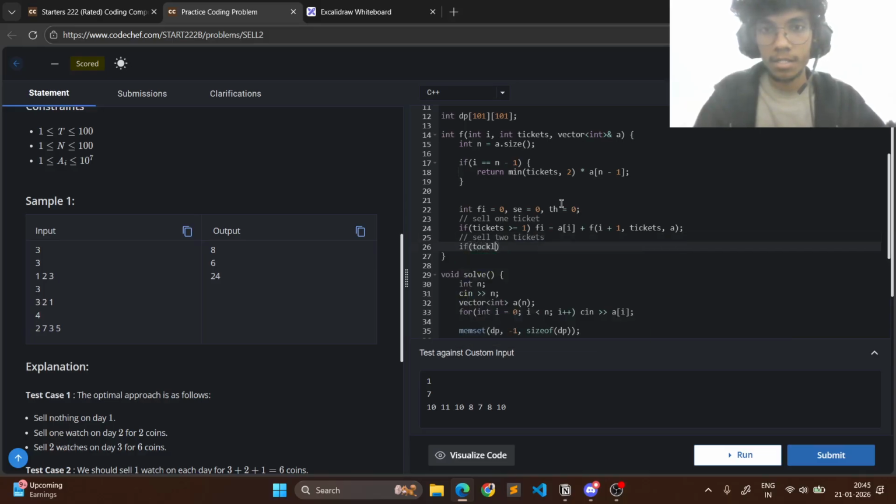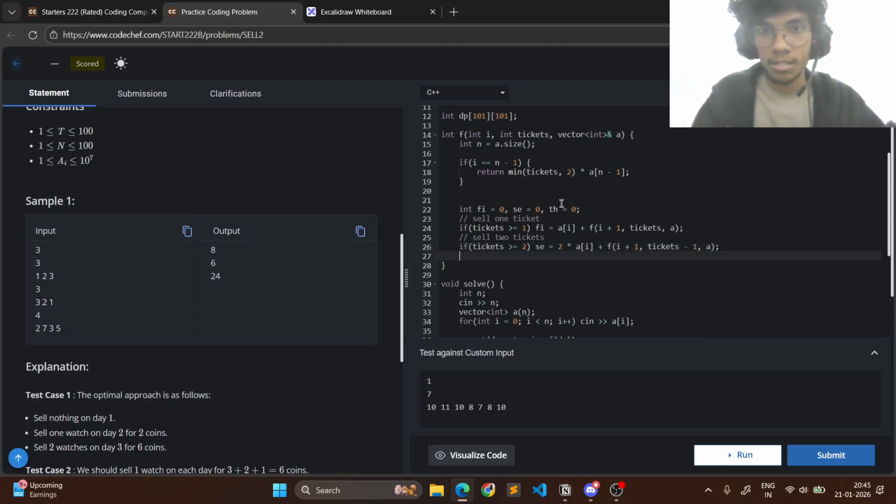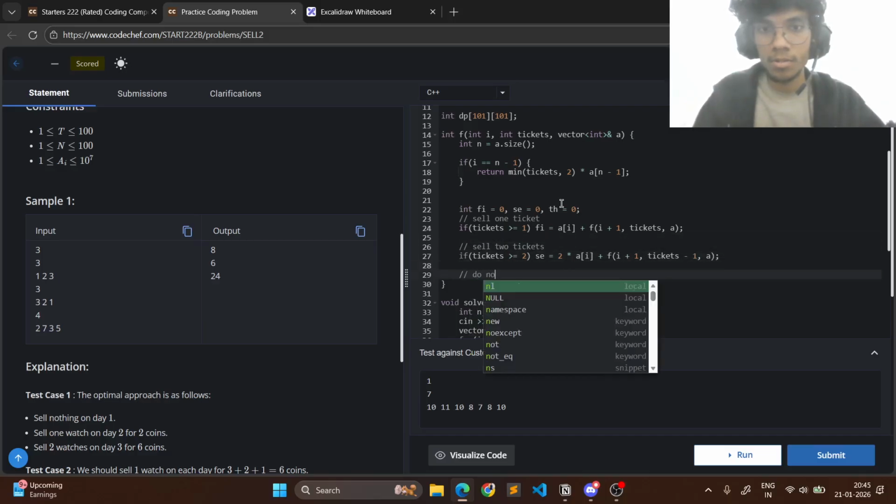So if tickets are 2, then se equals a of i plus f of i plus 1, tickets minus 1 because I sold 2 tickets, and a. And do not sell any ticket.